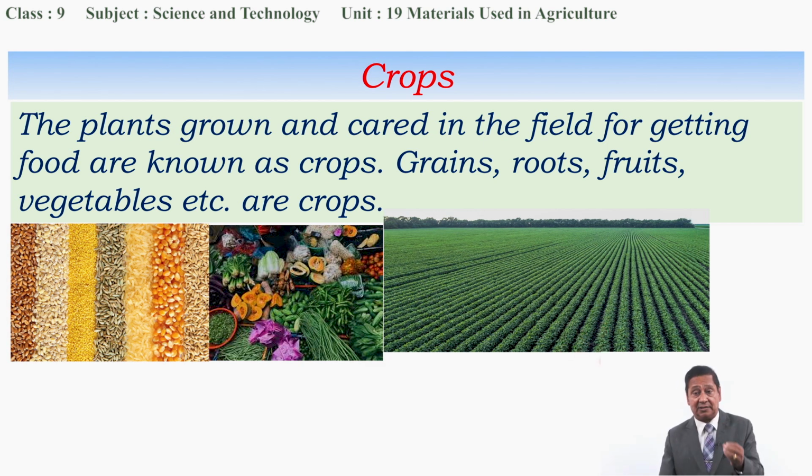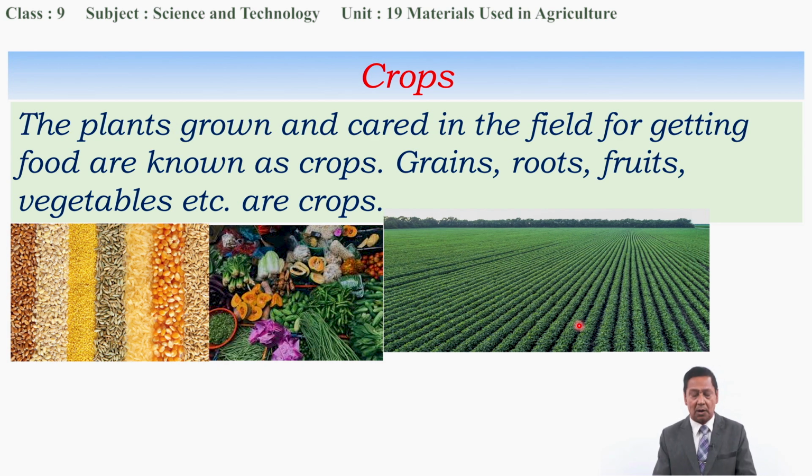And that plant requires certain nutrients to grow nicely. And this healthy plant gives us all these crops. That's why the agriculture by which the crops are grown is the major concern of this chapter, and the nutrients which are required by the plants to grow very nicely are our major subject today.